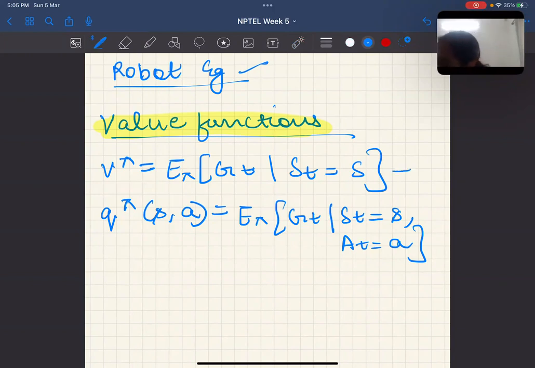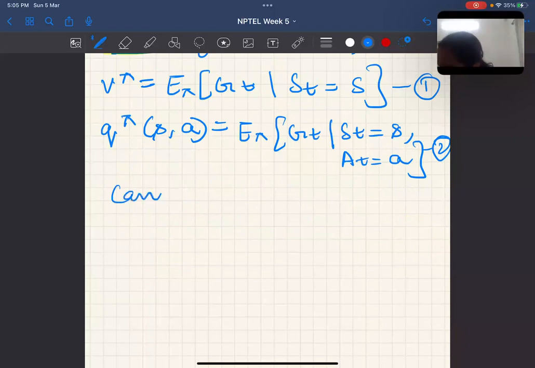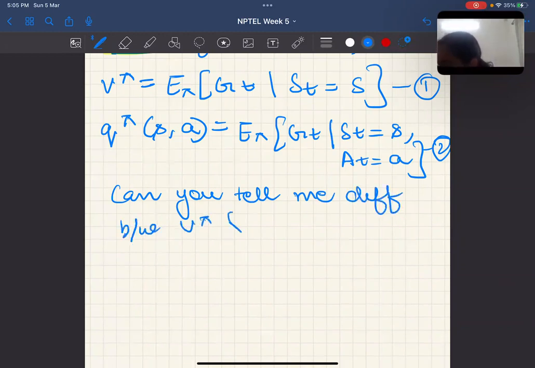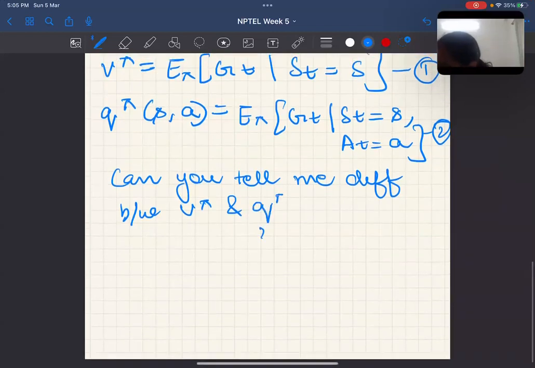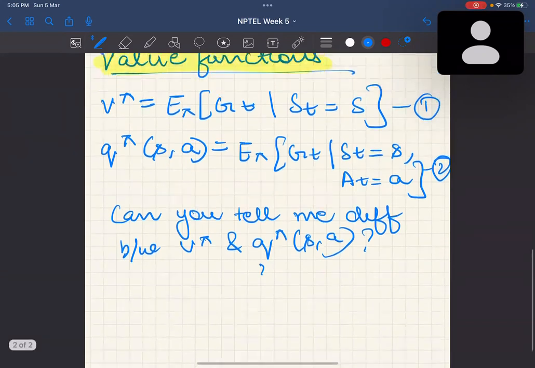With these two equations, can you tell me the difference between V pi and Q pi?